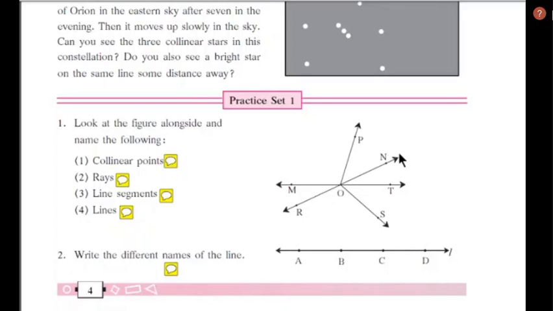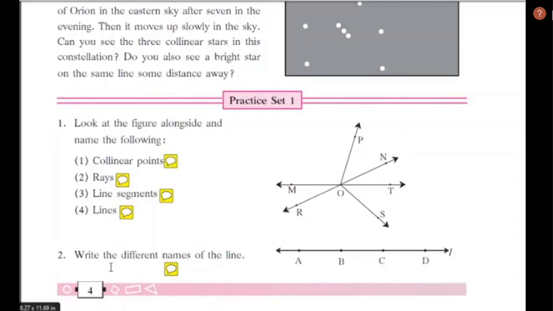OP, ON, OR, OS, OR and OM are rays. Which are the line segments? ON, OT, OR, OS, OP, OM are line segments. Which are the lines? RON and MOT are lines.